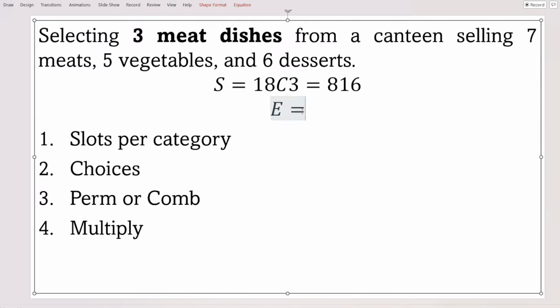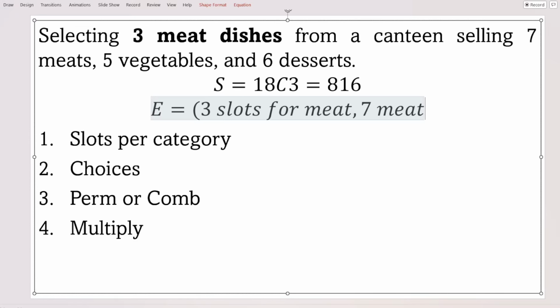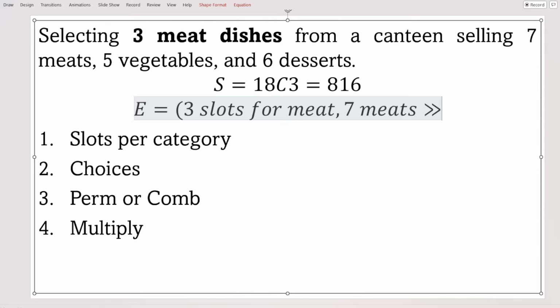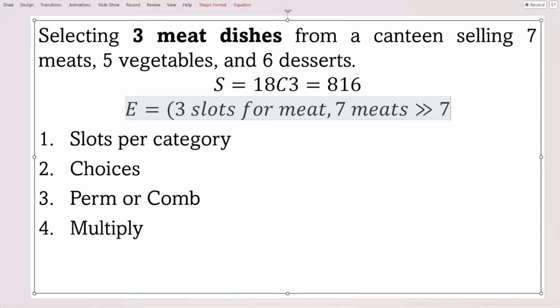In this case, we are looking at three meat dishes. That means we allocate three slots for meat. I want you to note that. Now, how many meats are there? There are seven different meats. So what this implies is that from seven different meats, we select three.